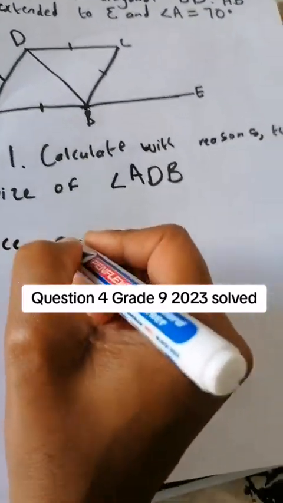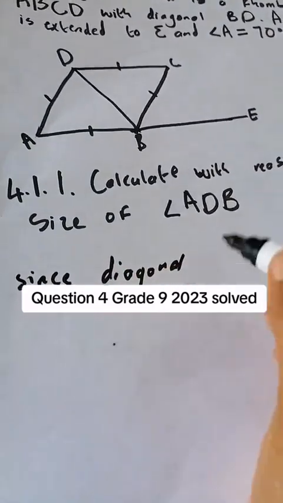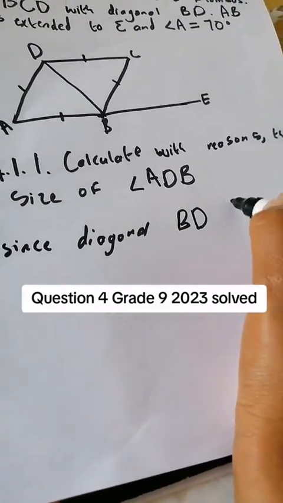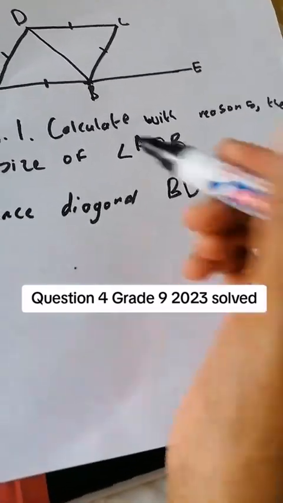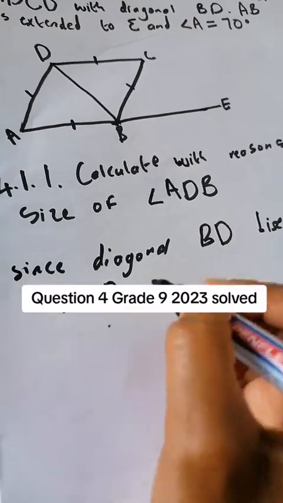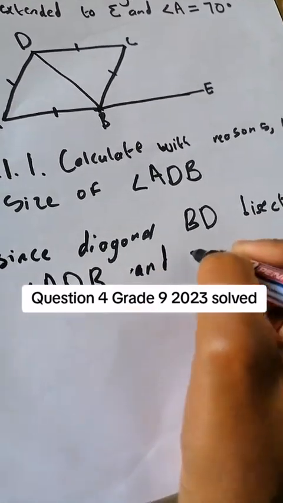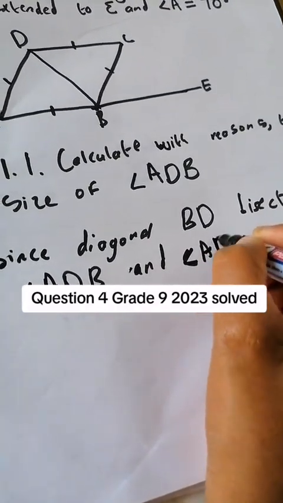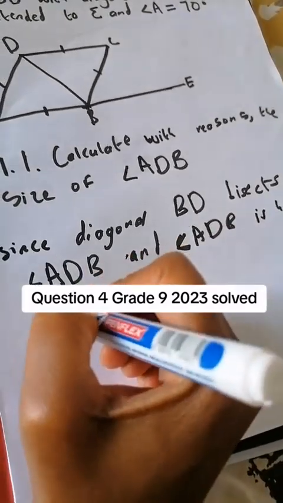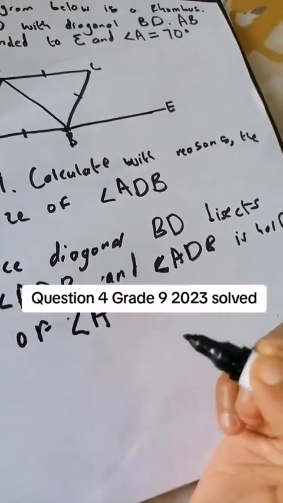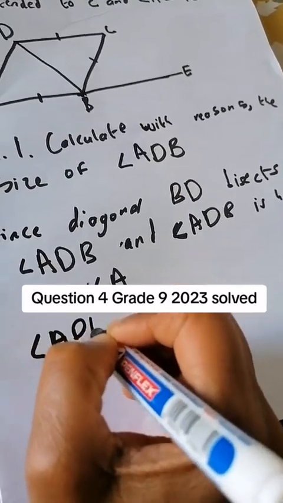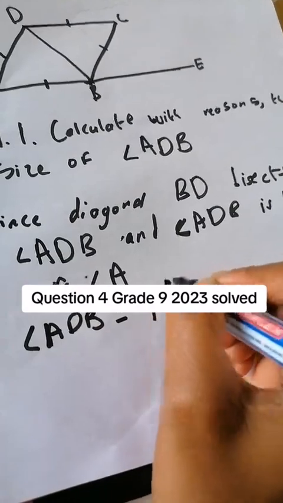since the diagonal BD, remember they did say that the diagonal is running BD, bisects angle ADB, and angle ADB is half of angle A. Now we know that because they bisect each other at 90 degrees, ADB is equal to 90 degrees.